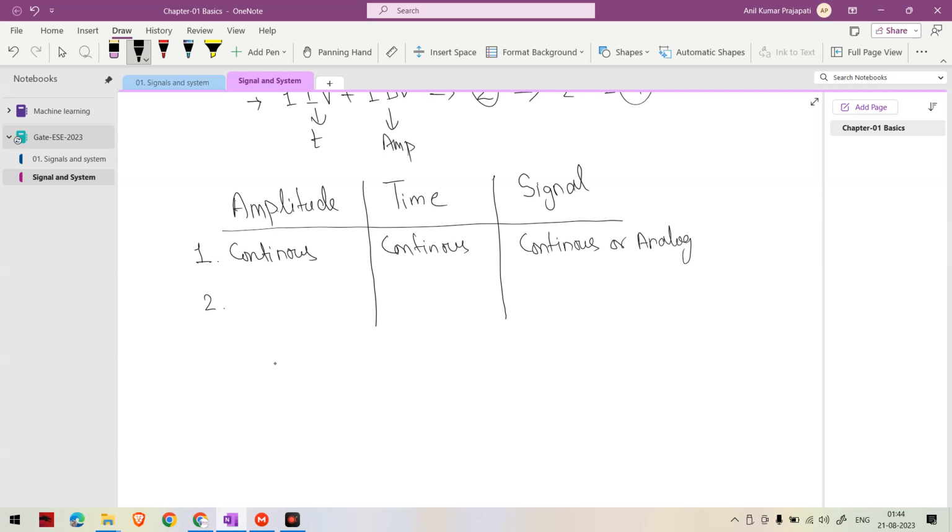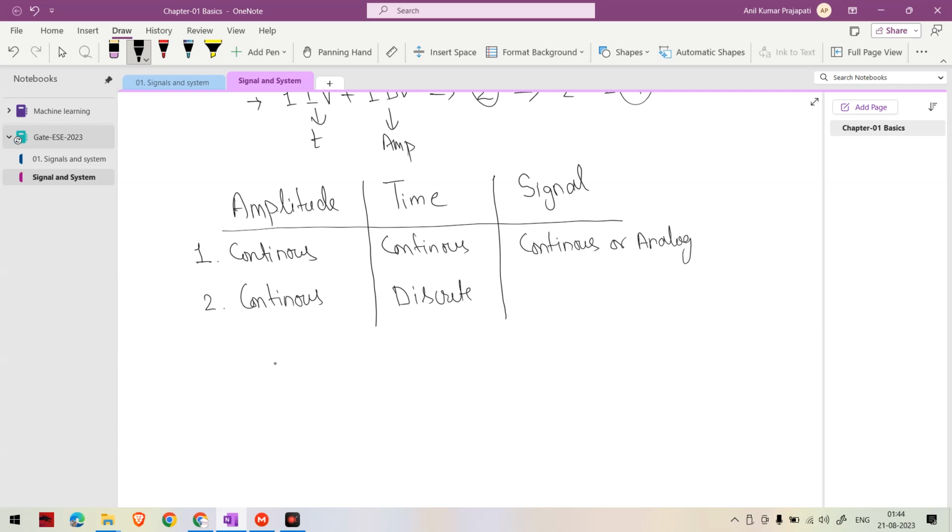Another combination we can make is if amplitude is continuous but the time is discrete. Don't worry about the terms continuous and discrete. We will discuss each term in detail after making this table.